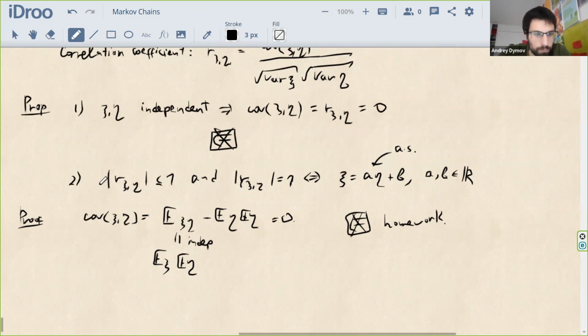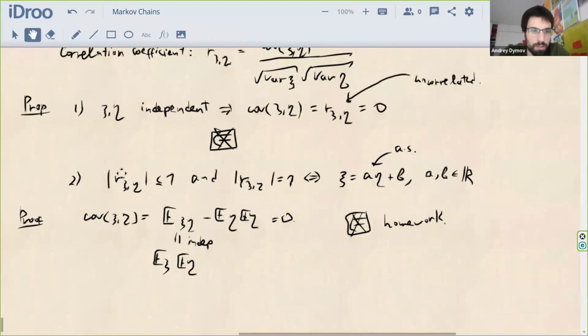Random variables for which the covariance is 0 are called uncorrelated. So uncorrelated random variables are not the same as independent, but it is somehow close.